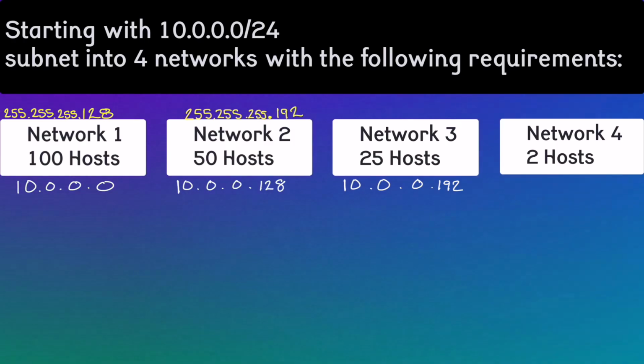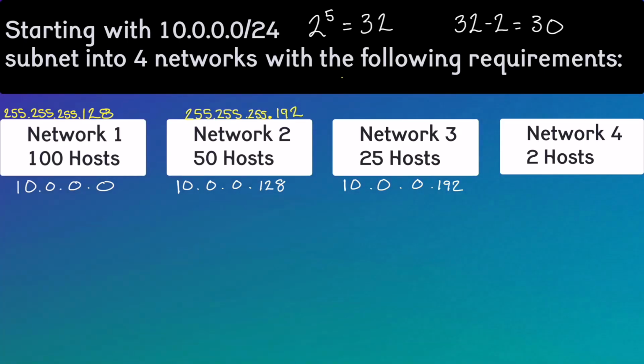All right, in subnet 3, we have a requirement of 25 hosts. We can meet that with 2 to the power of 5 minus 2, which will end up equaling 30. That meets our host requirement of 25. We need 5 host bits in our subnet mask, and that means the remaining 3 will be network bits. We can calculate our binary value here with the 3 network bits into 224. So our subnet mask for subnet 3 will be 255.255.255.224.